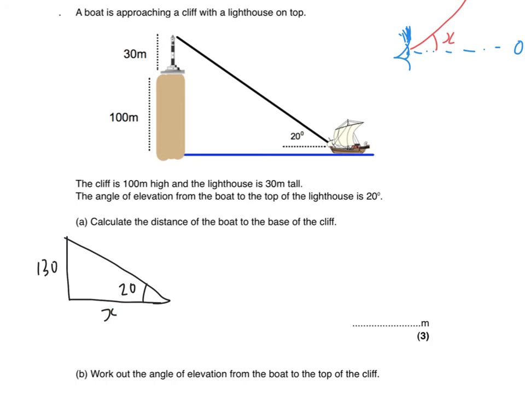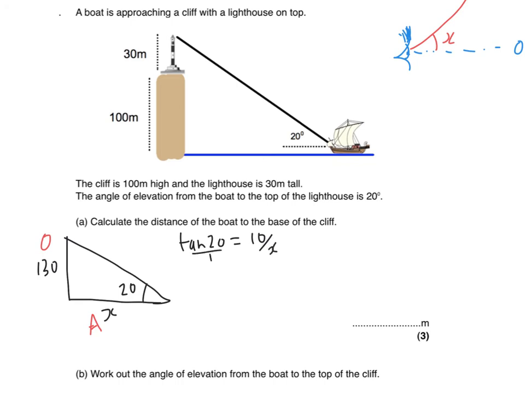To work out x then, I label my sides. If this is the angle, that will be opposite the angle, so O, and x is not the hypotenuse, it's not the longest side, so it'll be the adjacent A. So we've got the tan function again. Tan of the angle will equal the opposite 130 divided by the adjacent x.